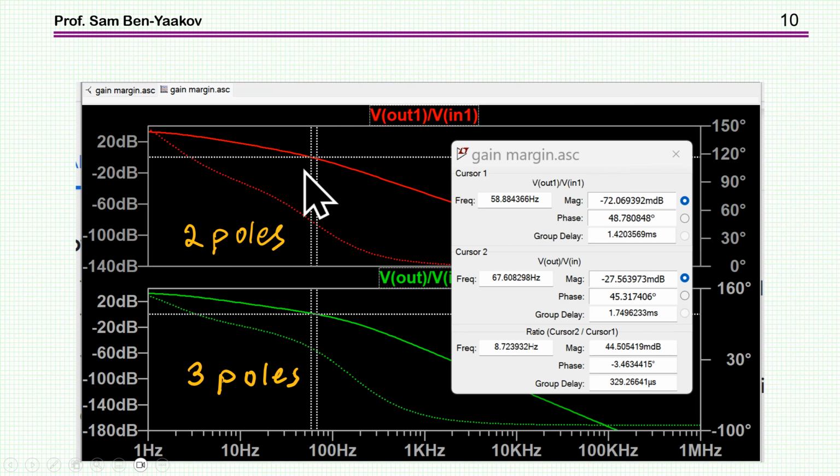What we see here is that in one case the crossover frequency is 58 kilohertz, and the other one is a little bit higher, 67 kilohertz. However, the phase margin in the two cases is very close: this is 48 and this is 45 degrees. So we have two systems, different transfer functions, but the crossover frequency is about the same and the phase margin is just about the same.